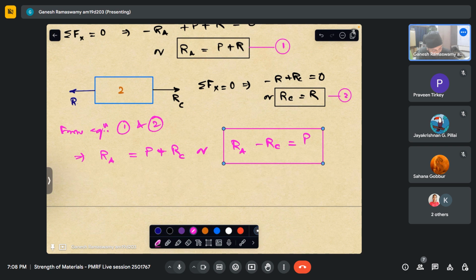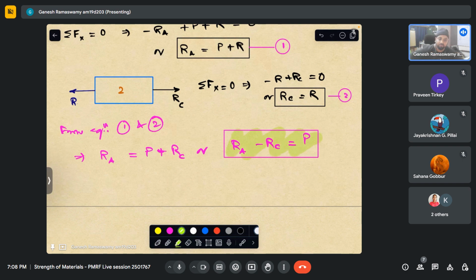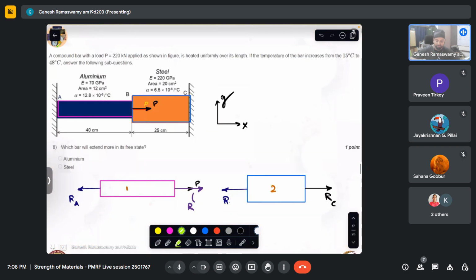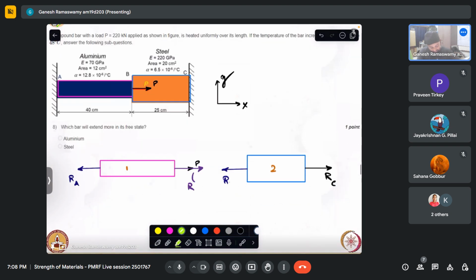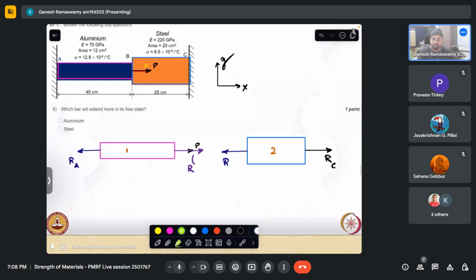Now let us reflect on what we have done here. Generally, what we used to do in a truss, we had a member that is subjected to an axial pull, and by method of joint or by method of sections, we used to find the reactions. Now I isolated the bodies, considering them to be rigid bodies, and I have written the equilibrium equations. There are essentially two unknowns in this question, Rc and Ra. These quantities we don't know.